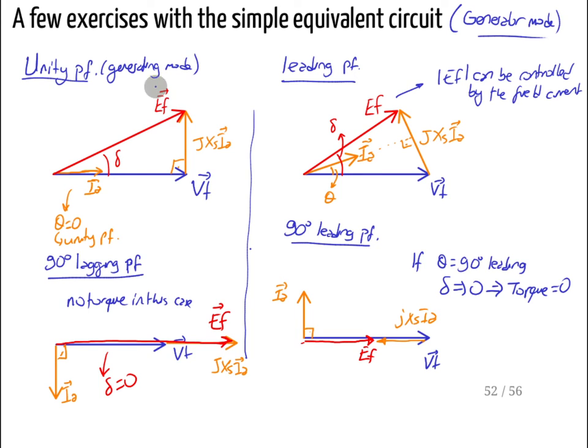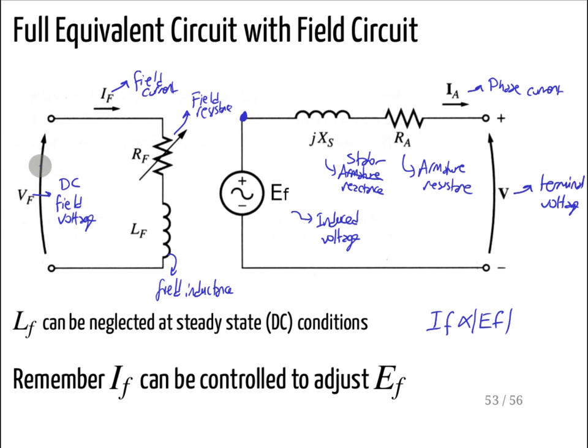By changing the field current, either you can make it very big to push the machine to the lagging power factor, or you can reduce it really small, so you can push the machine back to the leading power factor. So what you control here is EF, and the magnitude and the phase of that EF determines how much current is going to flow through.